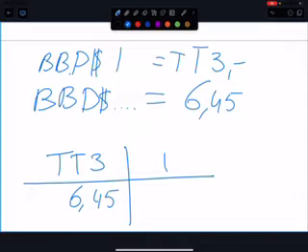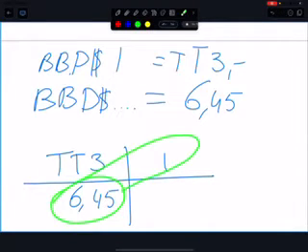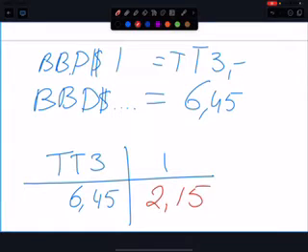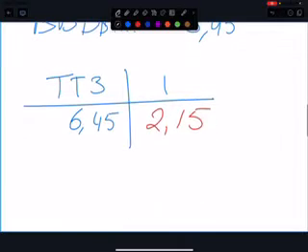You can just divide 645 by 3, or you do it the other way, which is 645 multiplied by 1 divided by 3, which is the same thing. And the answer becomes 215. Remember, it says calculate, so you have to show your working.